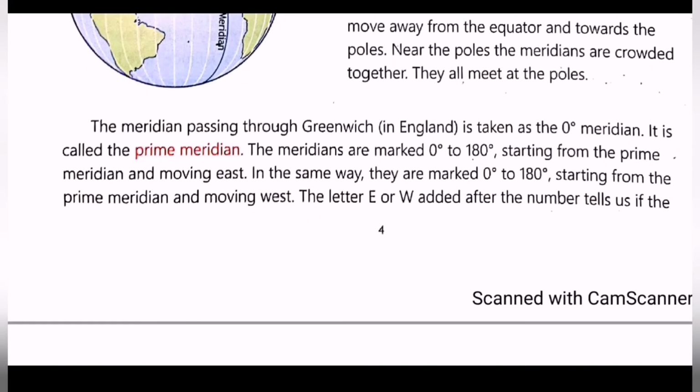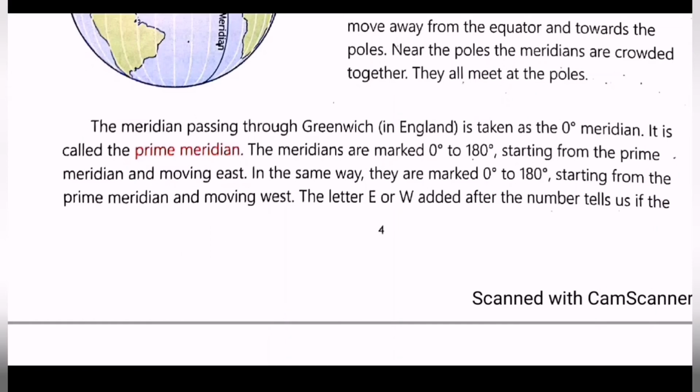The meridians are marked from 0° to 180°. Just like the parallels start from the equator at 0° to 90° towards the north and 0° to 90° towards the south, similarly the meridians are marked starting from the prime meridian at 0° and move towards 180°.